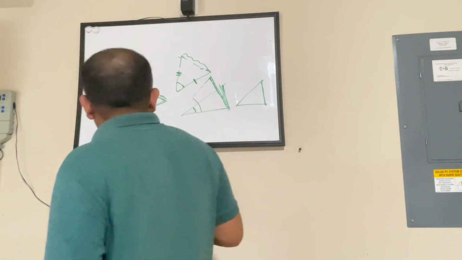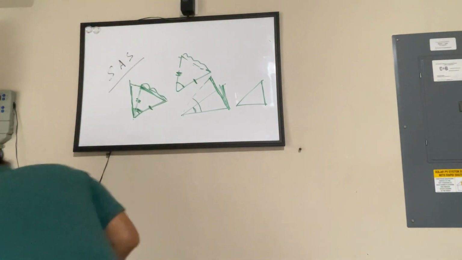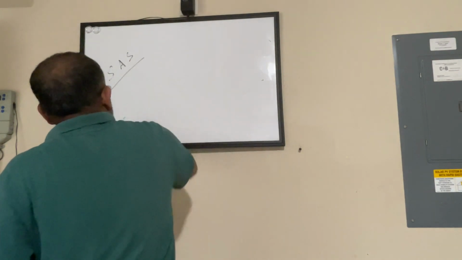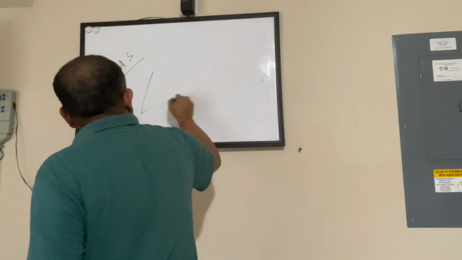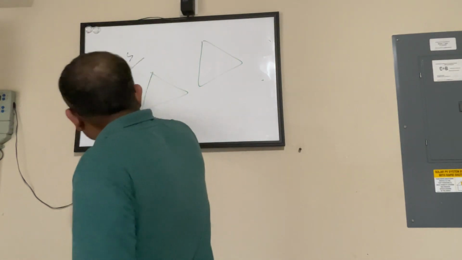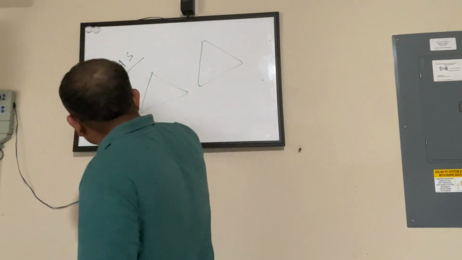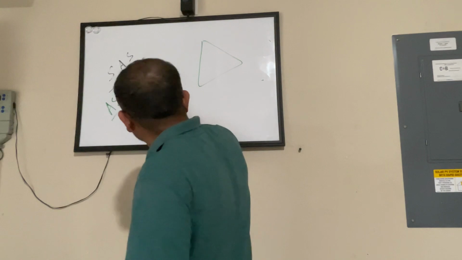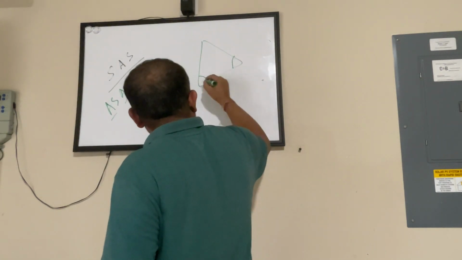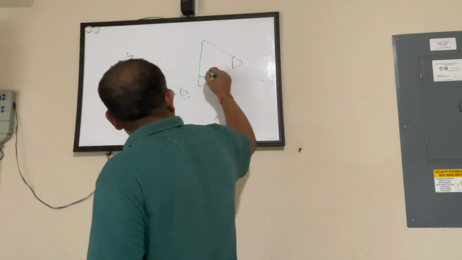So this is on SAS. Now, if you look at ASA, ASA meaning angle, side and angle, meaning two angles and the side between them. This is 1, 2, 3.